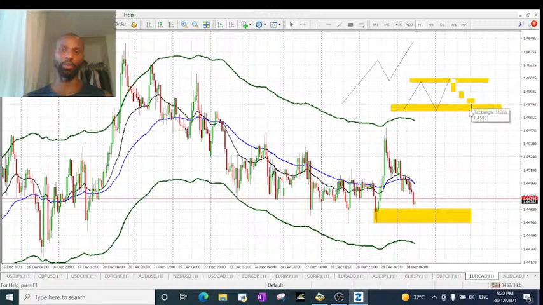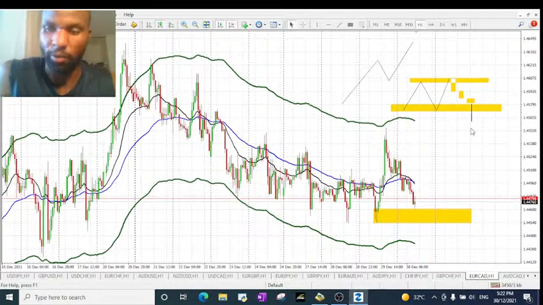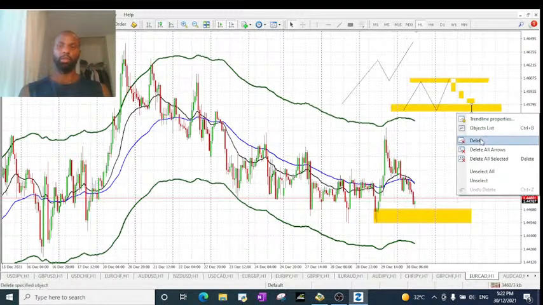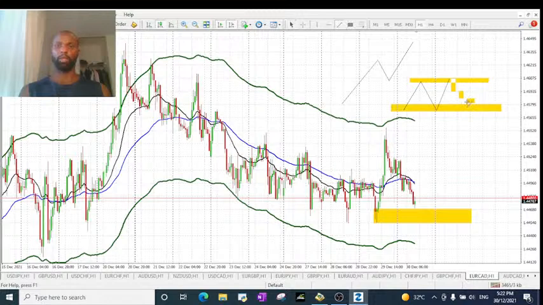As we hit a zone, we see a massive rejection like this. It could be a candle like this, or what I'm looking at in a zone is either something like this, or we move up, hit a zone, and we get a huge bearish candle like this.